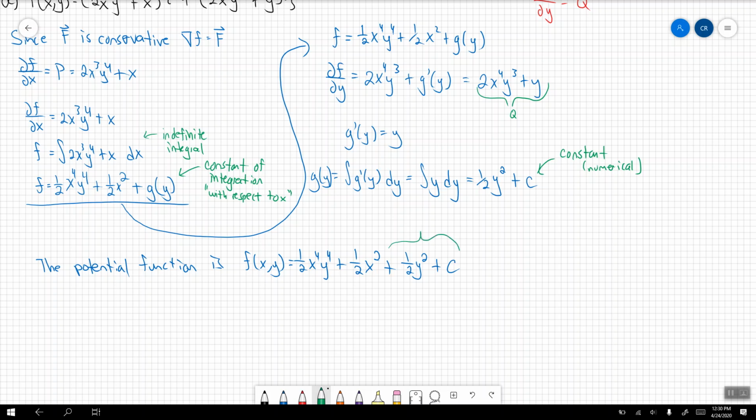All right, that was our g of y that we were initially looking at. Which means this is my potential function right in here.